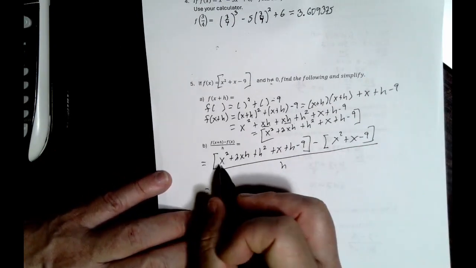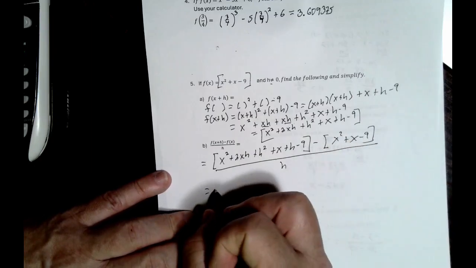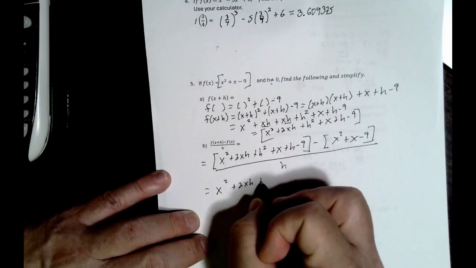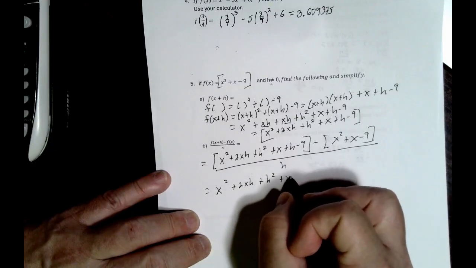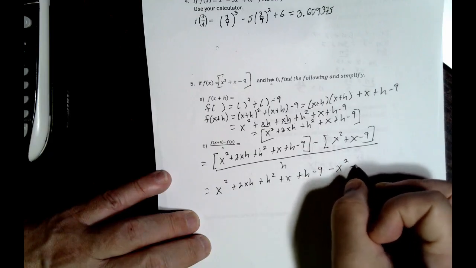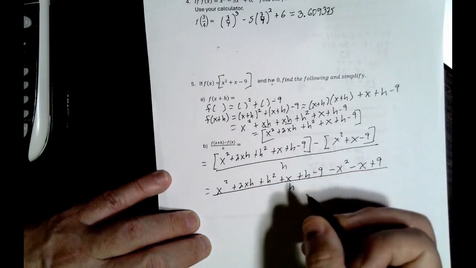And when you drop your brackets, nothing changes in the first, but the second one, everything flips sign. So you get x squared plus 2xh plus h squared plus x plus h minus 9 minus x squared minus x plus 9, all over h.